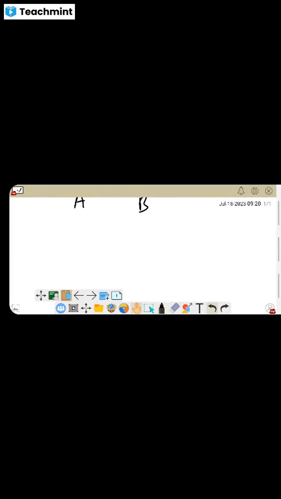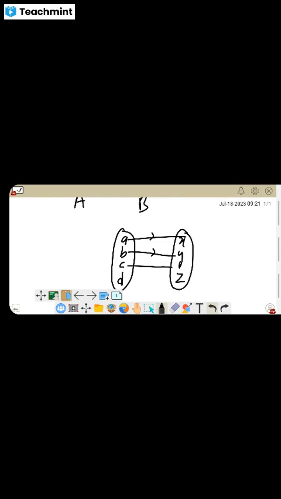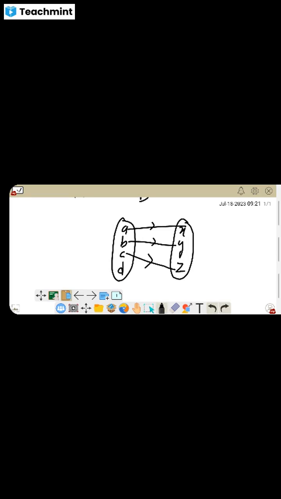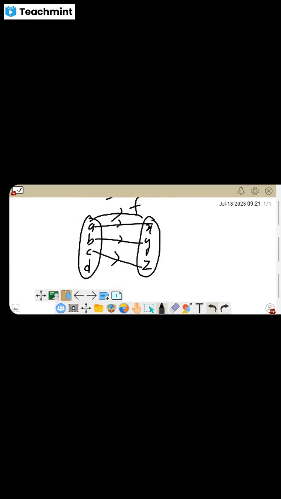Let us understand by using the next mapping, like A, B, C, and D, and X, Y, Z. Here we have D without an image. This is not a function. Why is this not a function? Because when we put any input, we will definitely get an output.